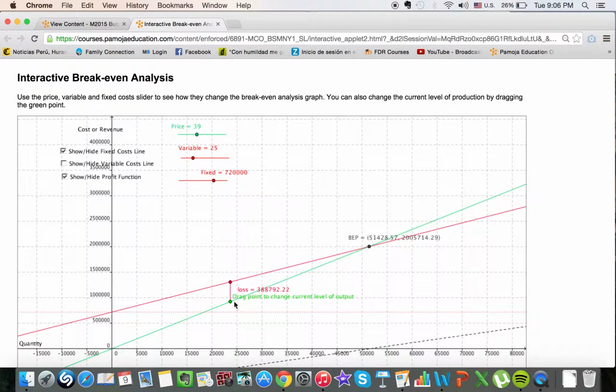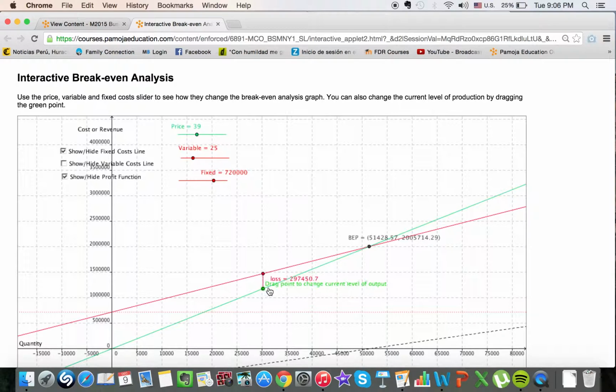Next, we can see this green point. This green point represents the current level of output. Let's say that I am producing below my break-even point, such as right now. If I am producing below my break-even point, there is a loss. And this is because the red point is above the green point, meaning that the total cost is greater than the total revenue.